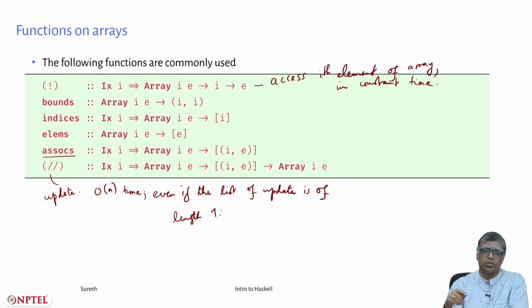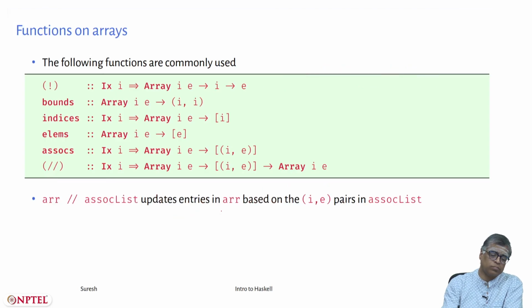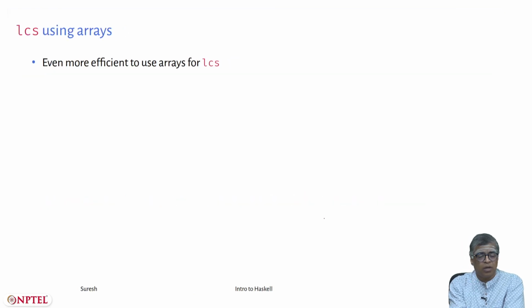Great. So these are all some functions on arrays. Array slash-slash assoc list will update entries in the array based on the i comma e pairs in the assoc list, and that will take order n time, as I mentioned.